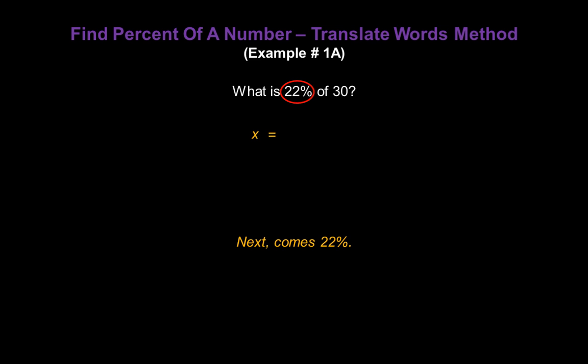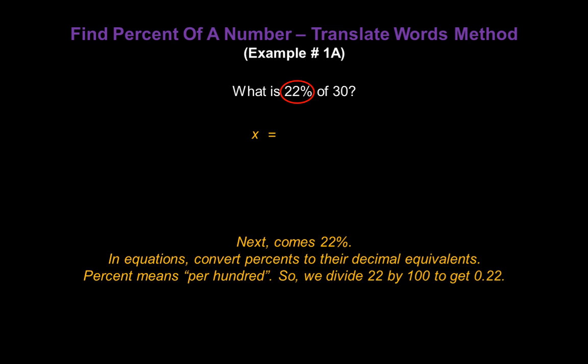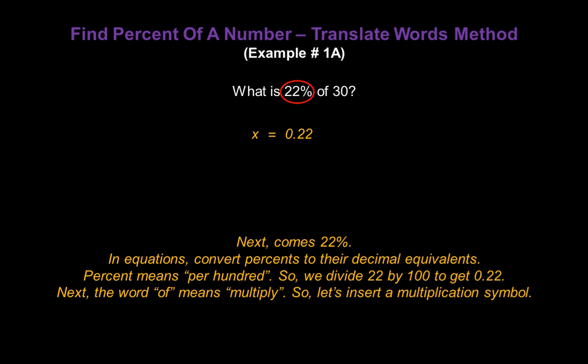Next comes 22%. In these types of equations, we convert percents to their decimal equivalents. Percent means per hundred, so we're going to divide 22 by 100 to get our decimal equivalent of 0.22. Next, the word of means multiply, so let's insert a multiplication symbol.